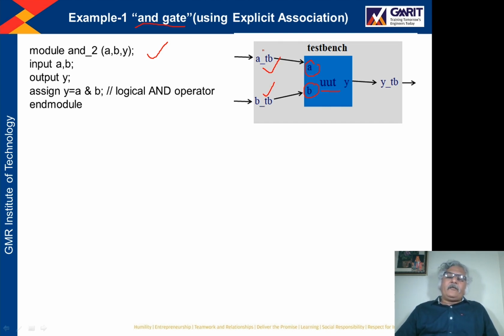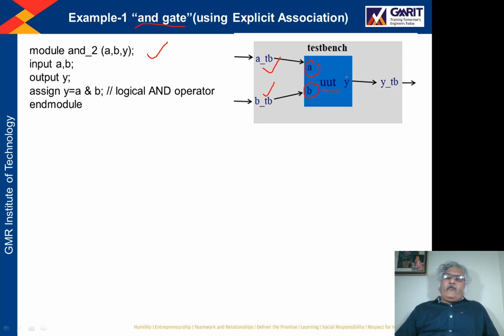I have given the names of the inputs of the test bench as A_TB, B_TB. So these inputs of the test bench are to be linked with the inputs of the unit under test, which has two inputs A and B. So we have to instantiate these inputs.